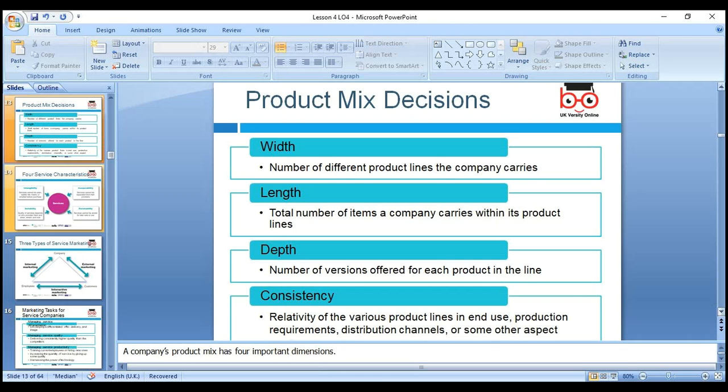If we look at washing liquid, how many do we have, how many sizes do we have. Depth is the number of versions offered of each product, and consistency is how closely related the various product lines are.